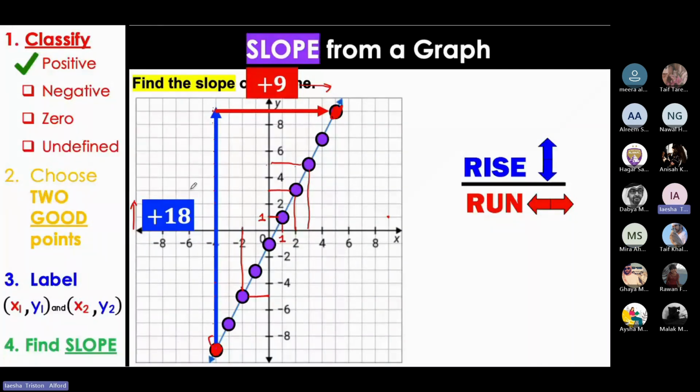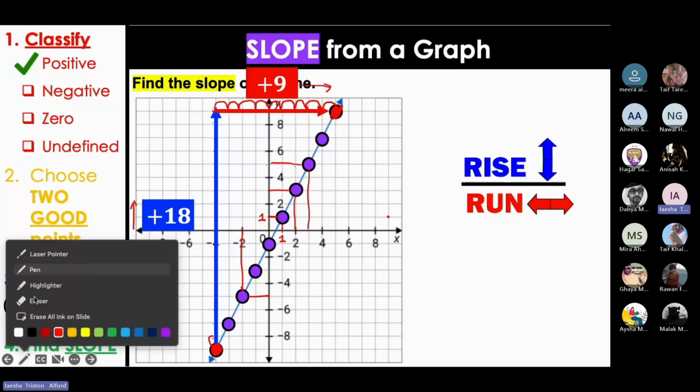Okay, so it's 18. You can't count this one, and then 2. You have to count when you move. So 1, 2, 3, 4, 5, 6, 7, 8, 9, like this. If you make the loops, it makes it easier to count.